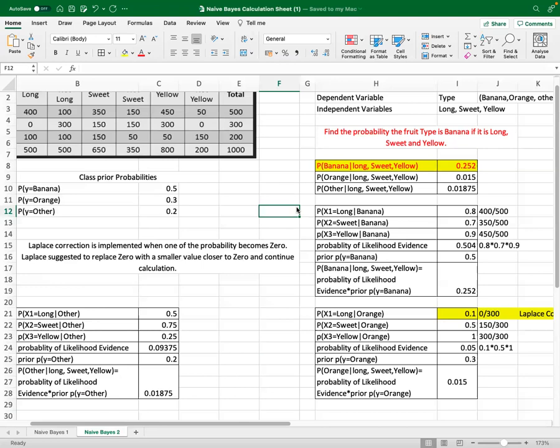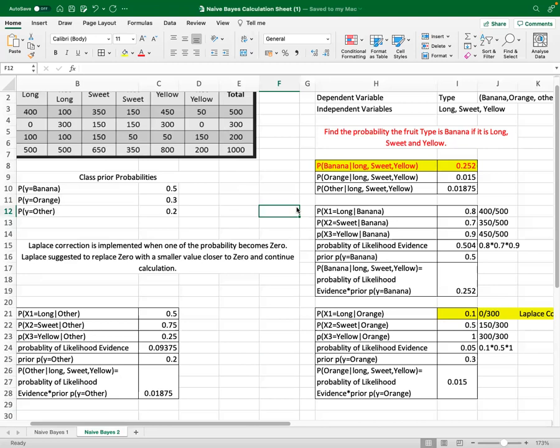No, no, no, no. If it is, then we will say no to banana. Then we will say it is not banana, it is orange. It can be either orange or some other fruit. Now what it means is again based on probability. If it is orange, it will finalize it as orange.